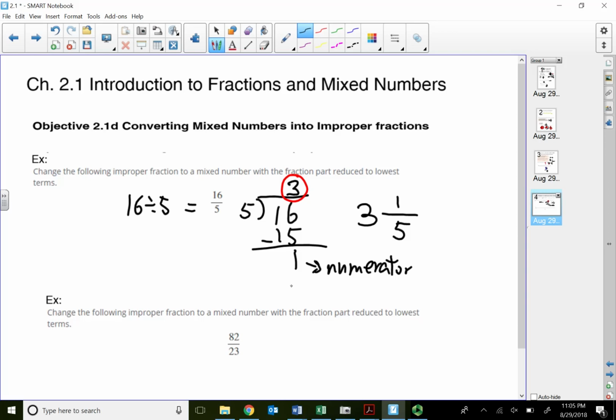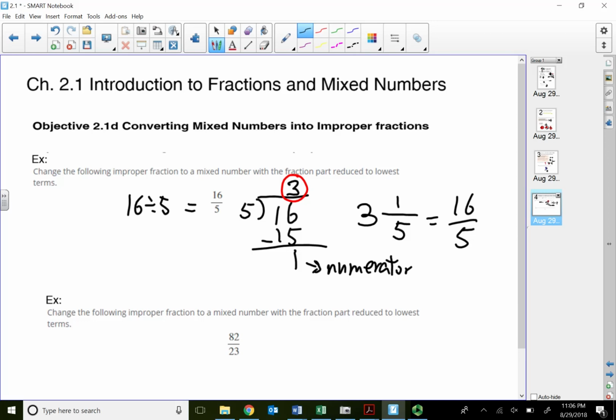So 15 plus the remainder will give me back my dividend. That's why this is 16 over 5. So that's why we plus 1. Plus 1 means we're going to add the remainder to get back to the dividend. But before we add the numerator, we already multiplied the quotient with the divisor.